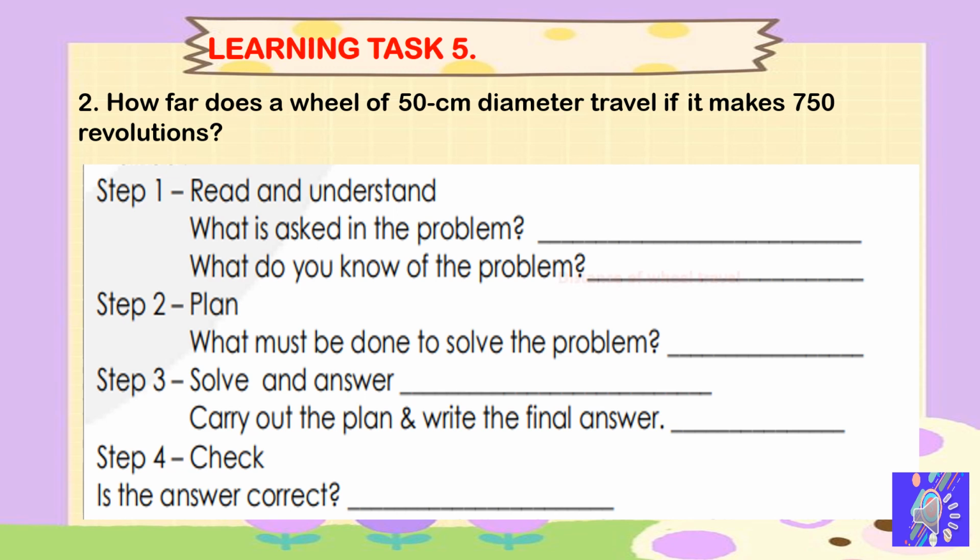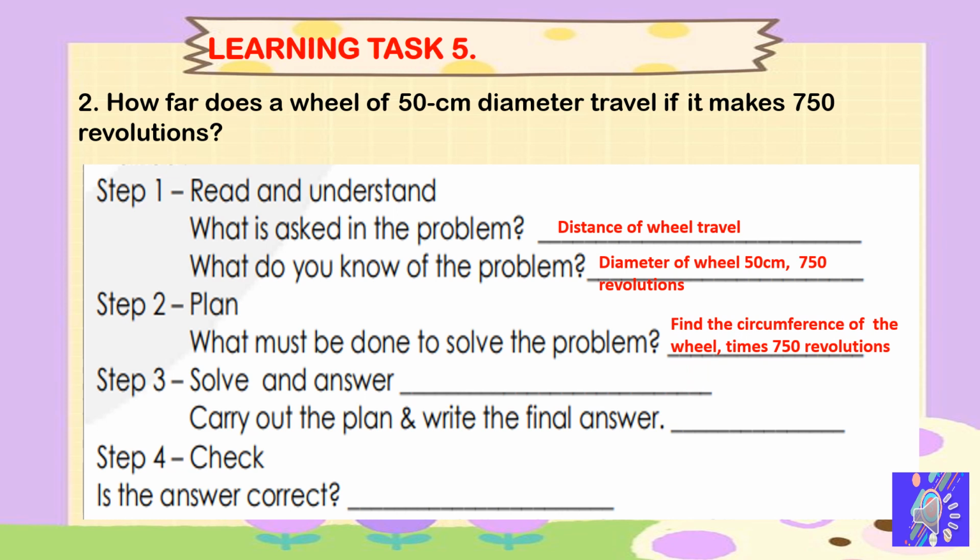What is asked in the problem? The distance the wheel travels. And what do you know of the problem? The diameter of the wheel is 50 centimeters, and we have 750 revolutions. Now what must be done? Find the circumference of the wheel times 750 revolutions.